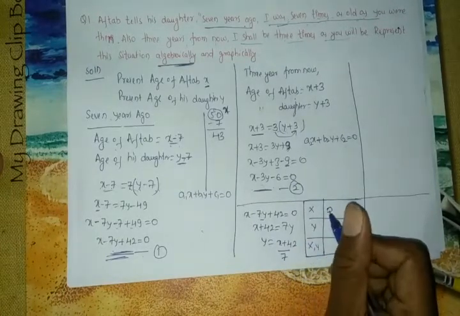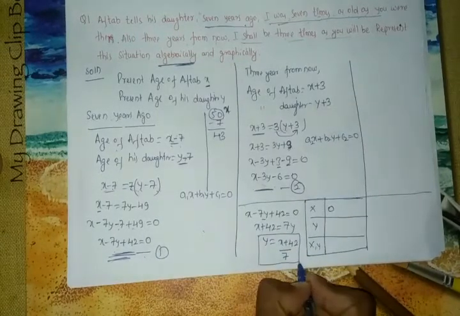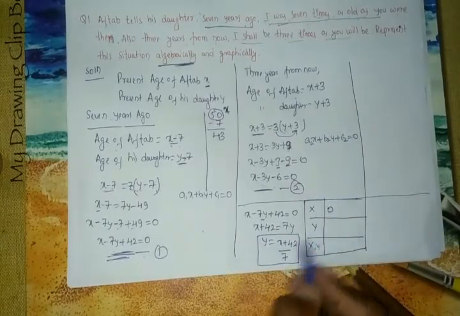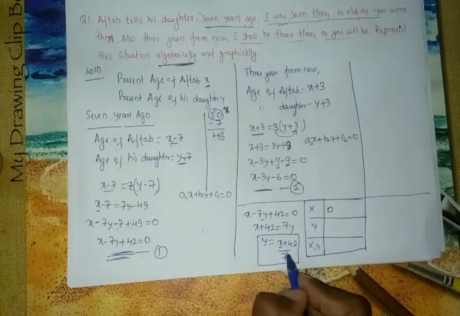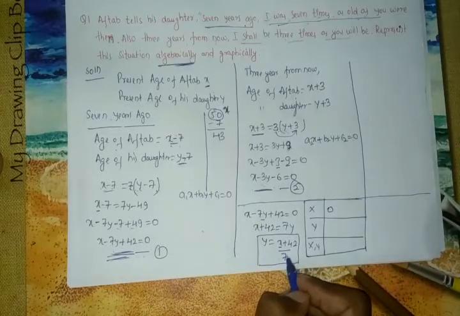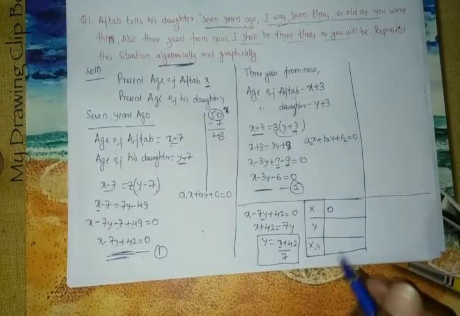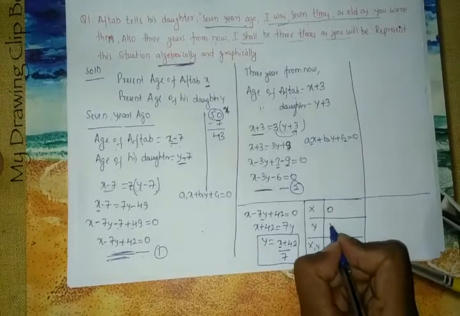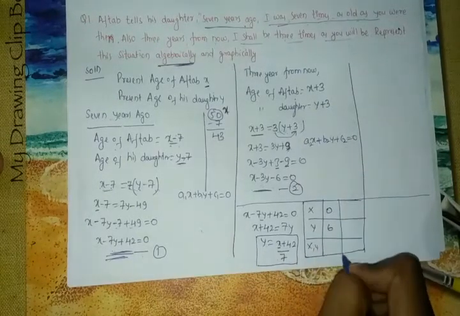When I put x as 0 in this equation, the corresponding value of y will be 42 by 7. 7 sixes are 42, so I get 6. So this is 0 and 6, right?